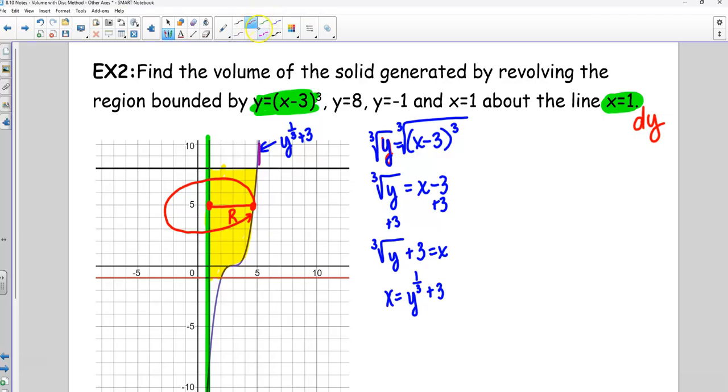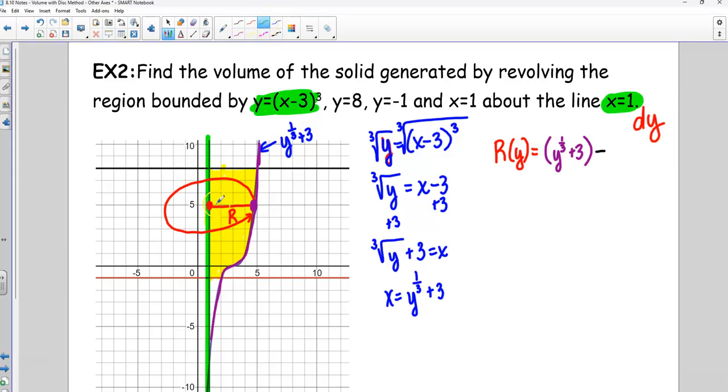So, if I'm looking at my radius, capital R of y, whenever it's horizontal, I need to do right minus left. So the right side hits our purple graph right here. That purple graph is always on the right side. And the equation for that is what we just found, which is y to the 1/3 plus 3. Okay.